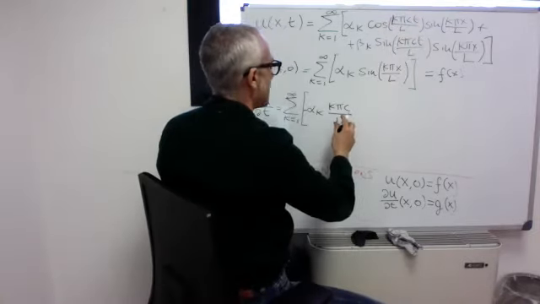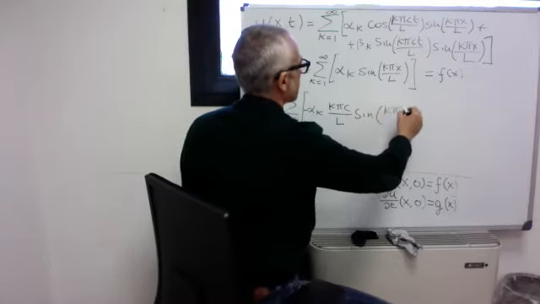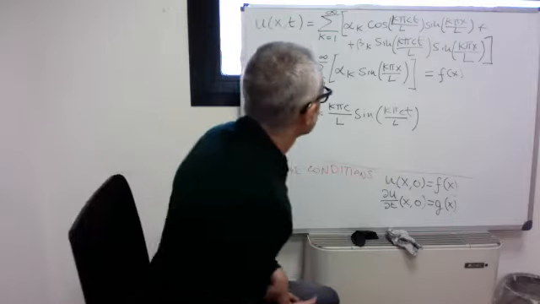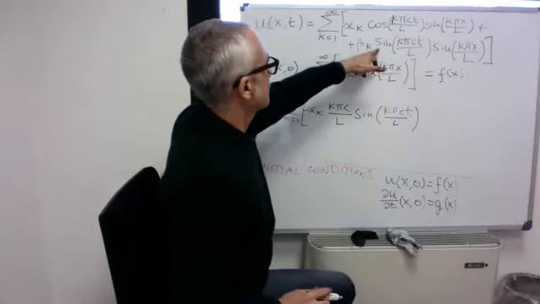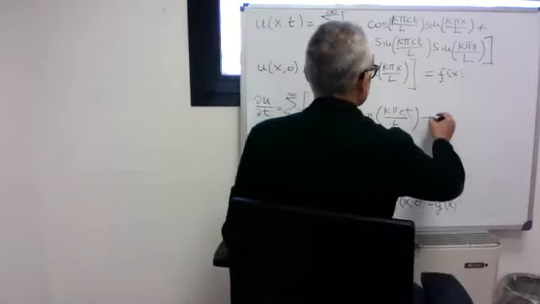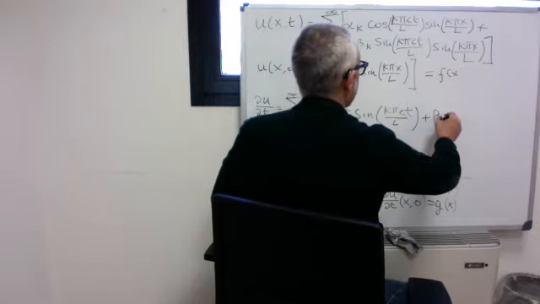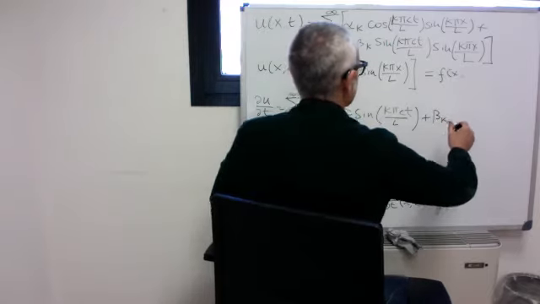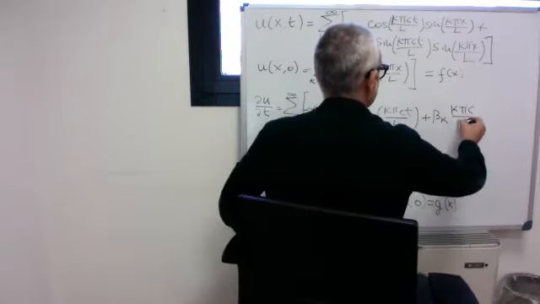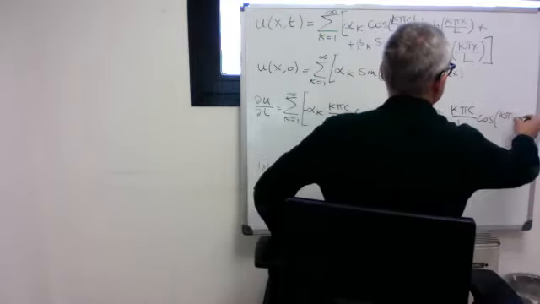So k pi c over L times the sine of k pi c t over L, plus, now the derivative of the sine is the cosine, so beta_k, same game here, cosine of the same thing.